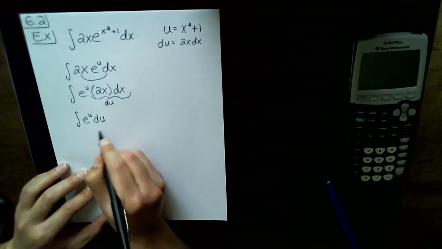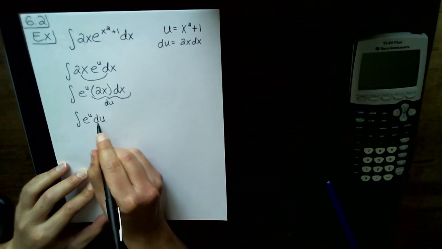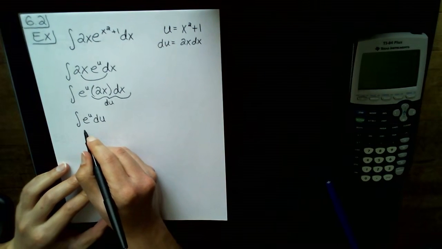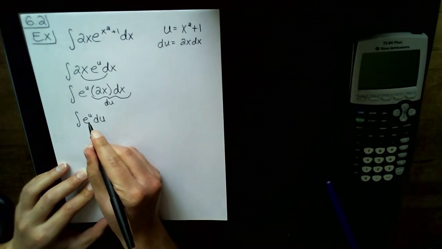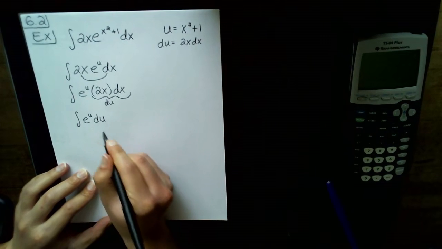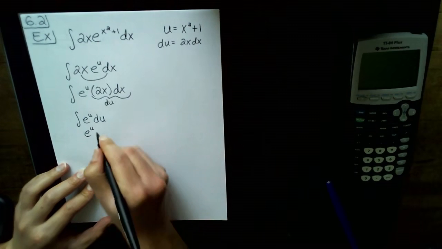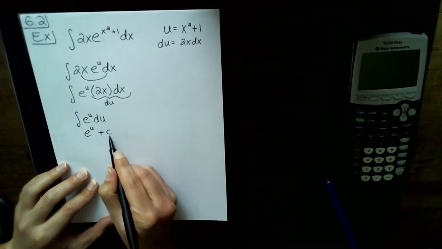And now hopefully you can quickly understand what the antiderivative of e to the u du is. That's a problem we've done quite a lot. The integral of e to the x is e to the x, so the integral of e to the u du is e to the u plus c. Always remember the plus c.